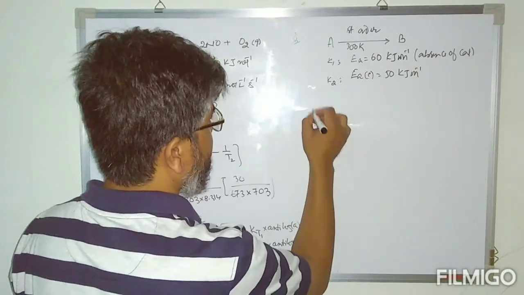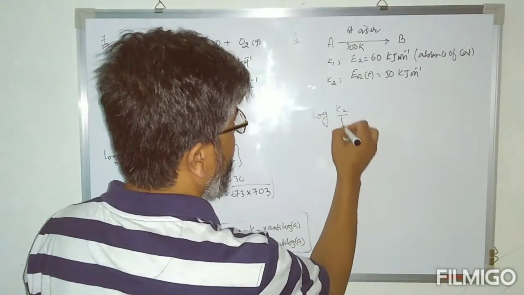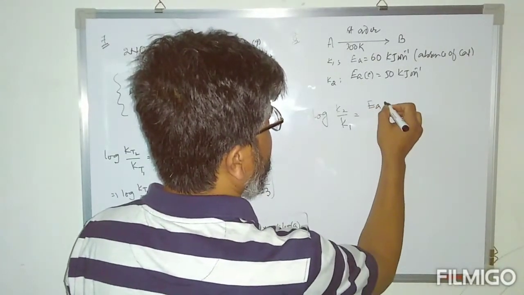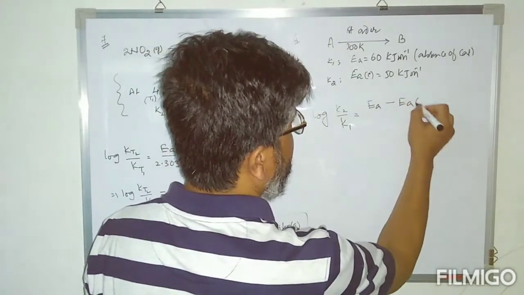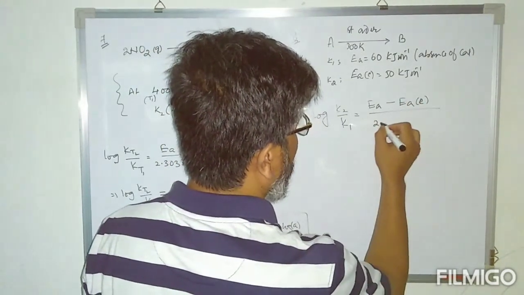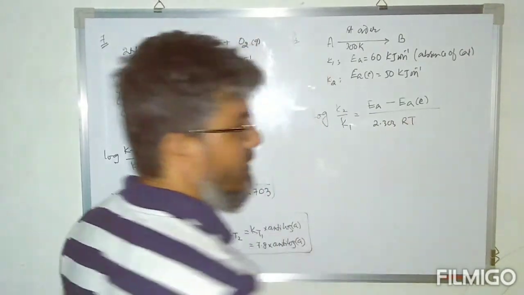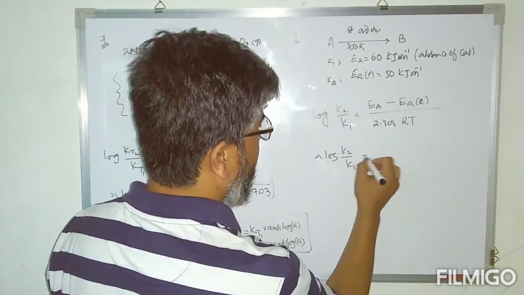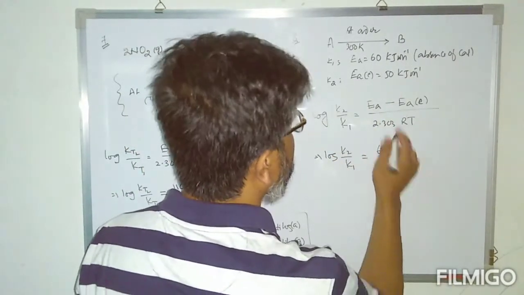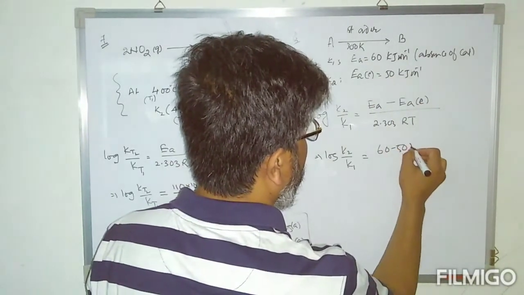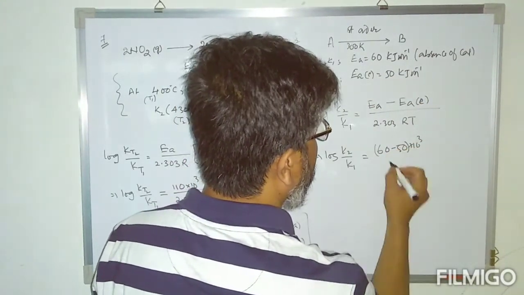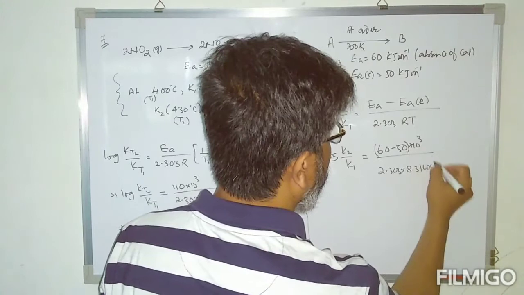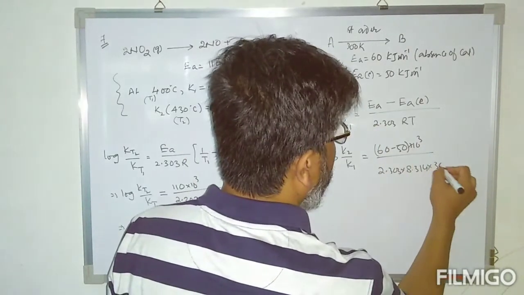So we have log K2 by K1 is equal to activation energy in absence of catalyst minus activation energy in presence of catalyst, divided by 2.303 RT. So log K2 by K1, Ea is 60 minus 50, into 10 to the power 3, divided by 2.303 into R is 8.314 into temperature is 300 Kelvin.